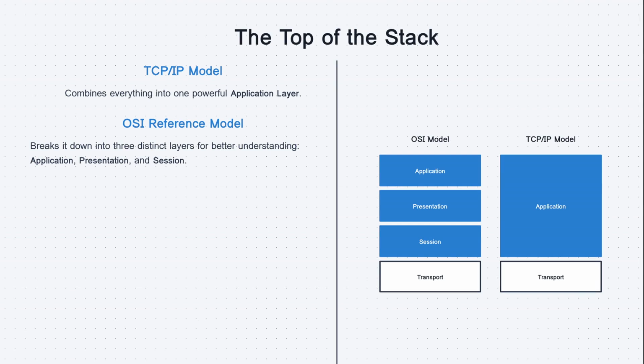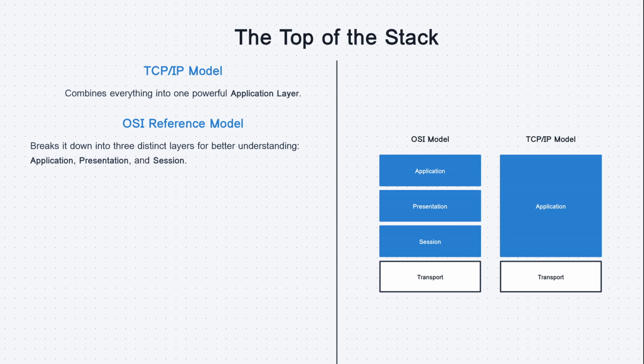In the TCP/IP model, the application layer is a single, powerful layer. But to understand it better, we often look at the OSI model, which breaks it into three parts: application, presentation, and session.